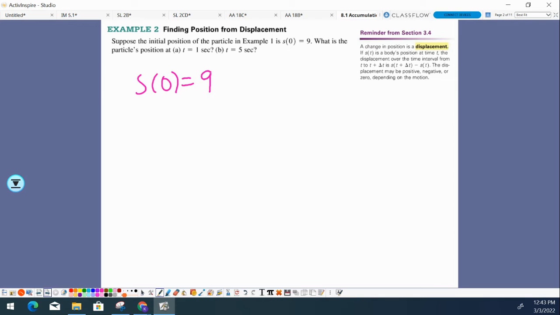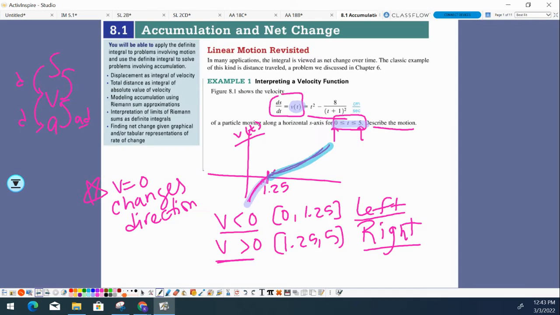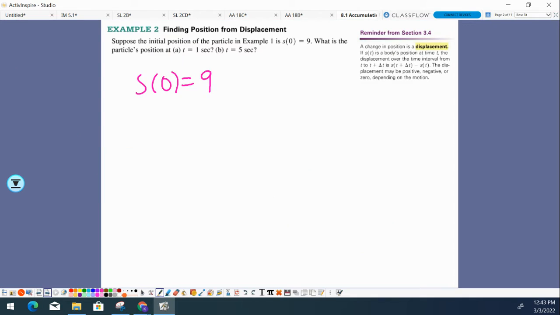We don't know the position function. We know the velocity function. Now this is going to be really key. You will get points on your AP test if you include the initial position when finding your final position, but you only use it if we're looking for the actual position.